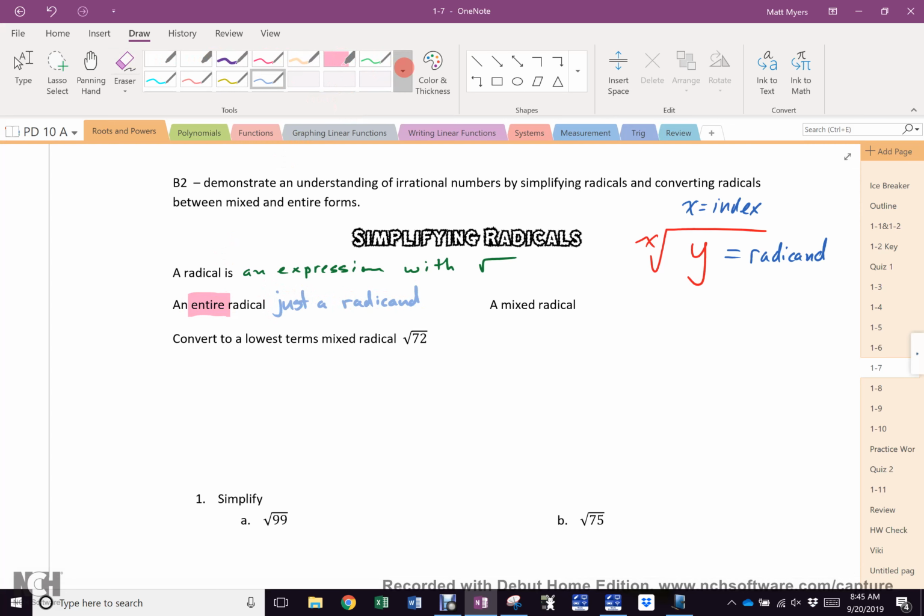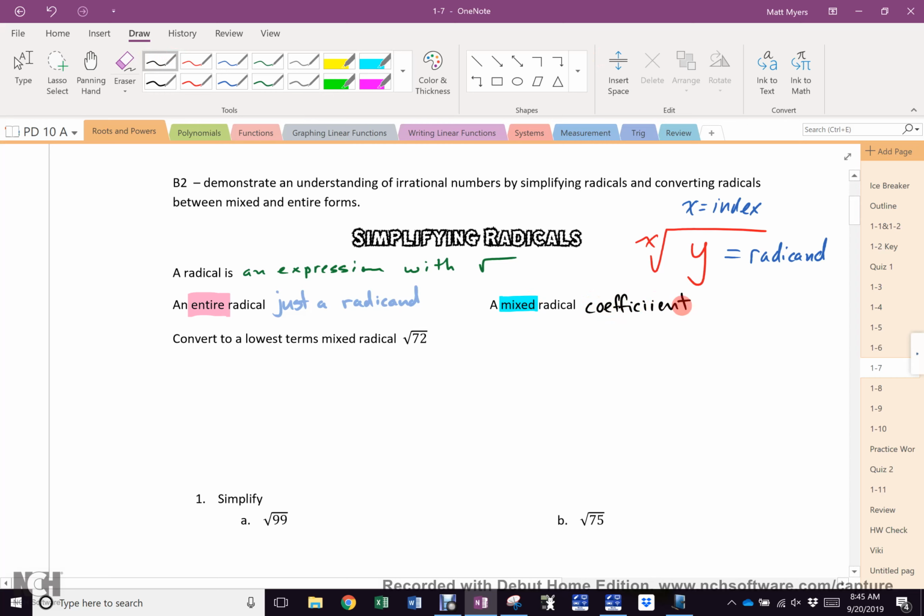A mixed radical is a coefficient and an entire radical.